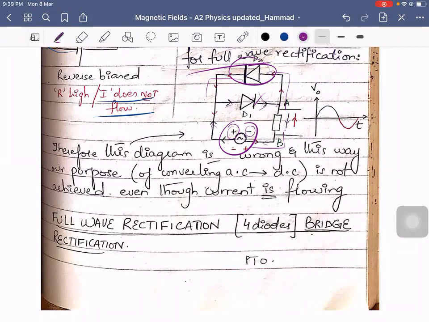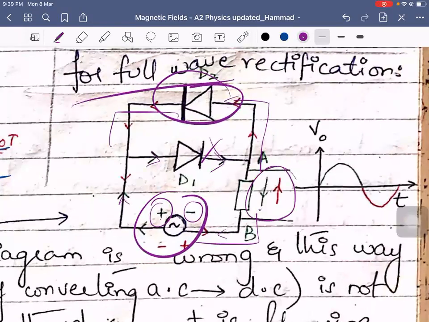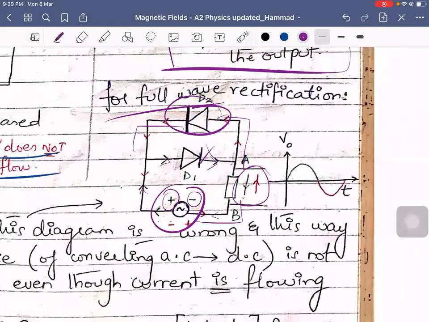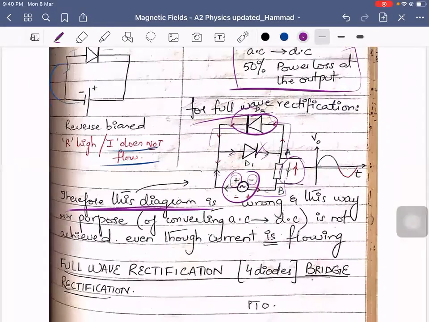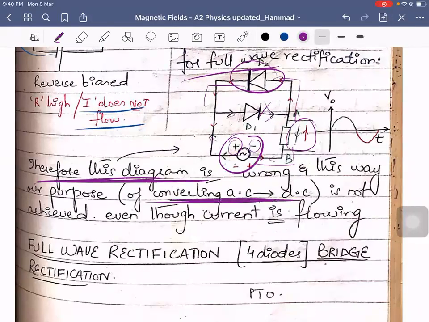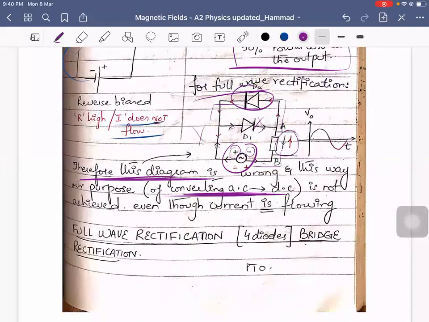The flow of current is opposing one another. And therefore, this diagram is wrong. And this way, our purpose of converting AC to DC is not achieved. So we cannot use this method.